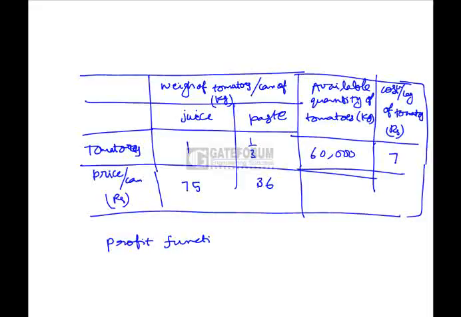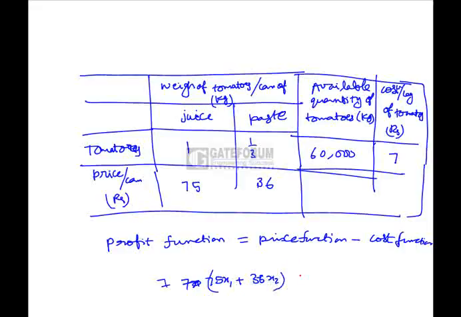For any firm, the LPP is nothing but the profit function, that is given by price function minus cost function. Here the price function is 75 x1 plus 36 x2, and the cost function is (x1 plus x2 by 3) at the rate of 7 rupees per kg.